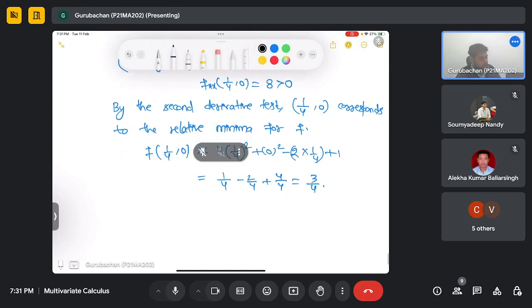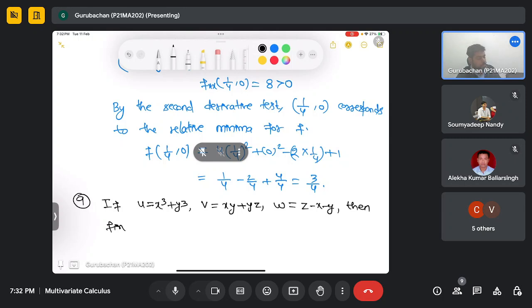So next question, question number 9. If u is equal to x cube plus y cube and v is equal to xy plus yz, w is equal to z minus x minus y, then find the value of the quantity del(x, y, z) by del(u, v, w) and del(u, v, w) by del(x, y, z).